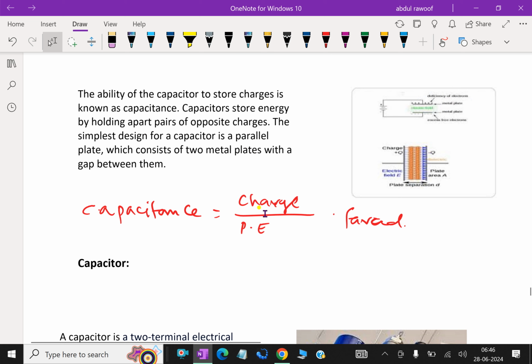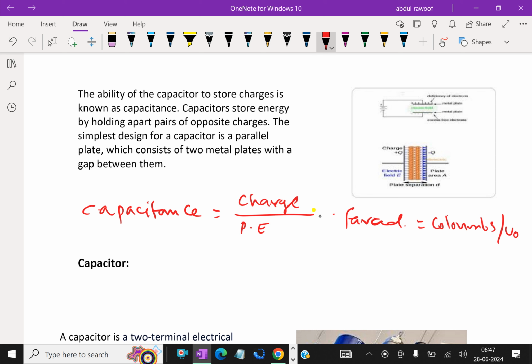Capacitance C equals Q by V, and the unit is coulombs per volt.